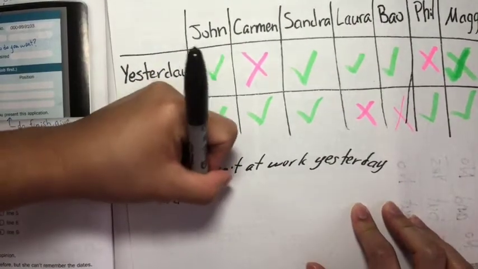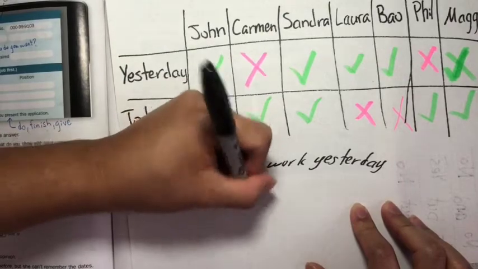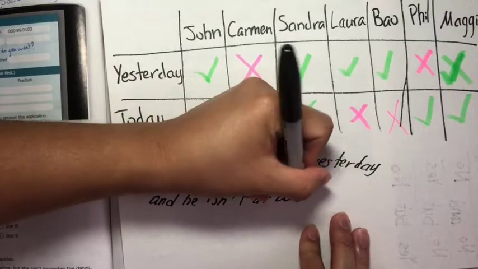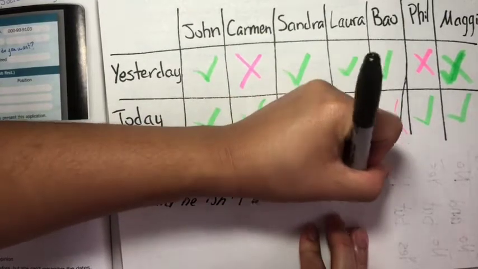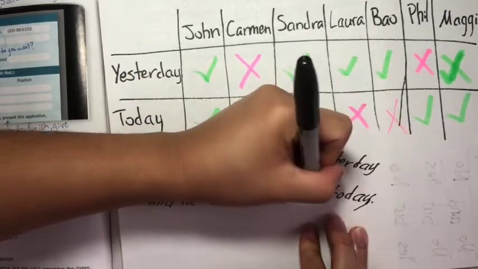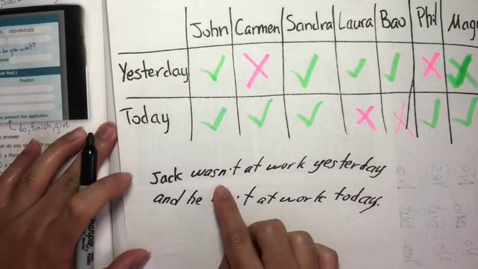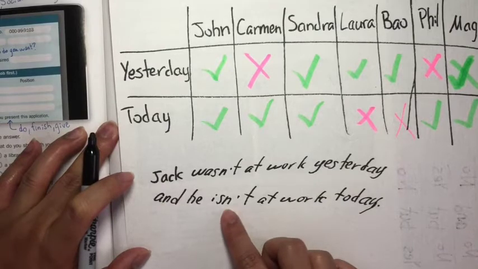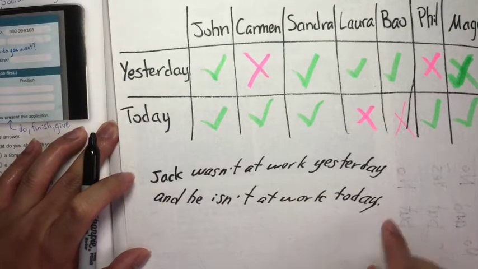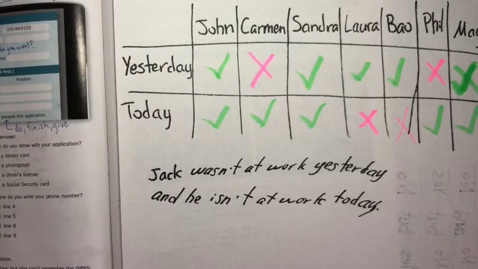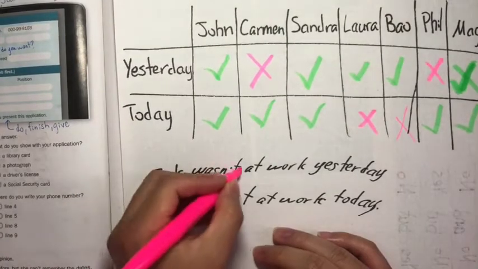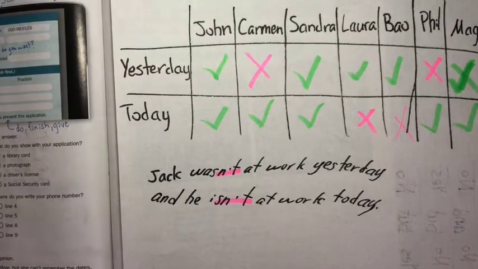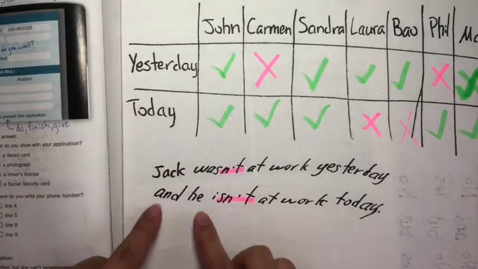And he isn't. He is not at work today. Jack was not at work yesterday, and he is not at work today. Here we have wasn't and isn't. So we have no. Because these two are the same, this is no and this is no, we use the word and.